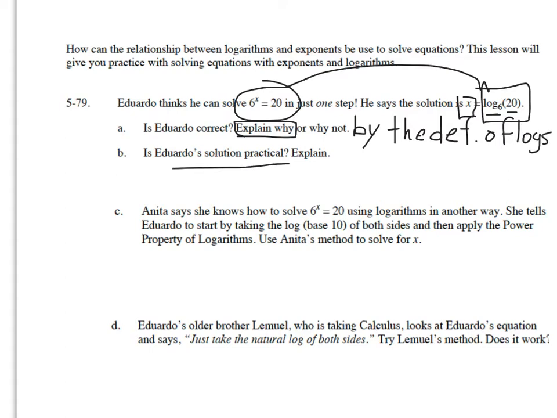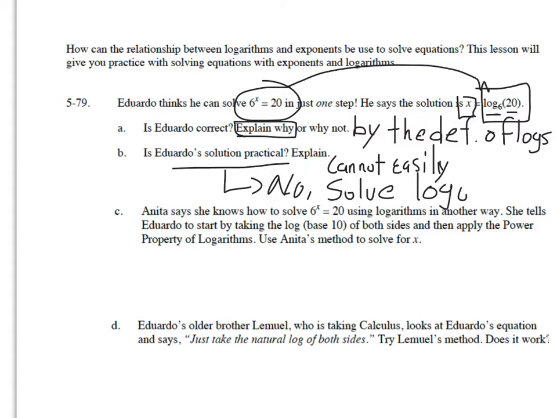Is it practical? No, because we cannot easily solve log base 6 of 20.